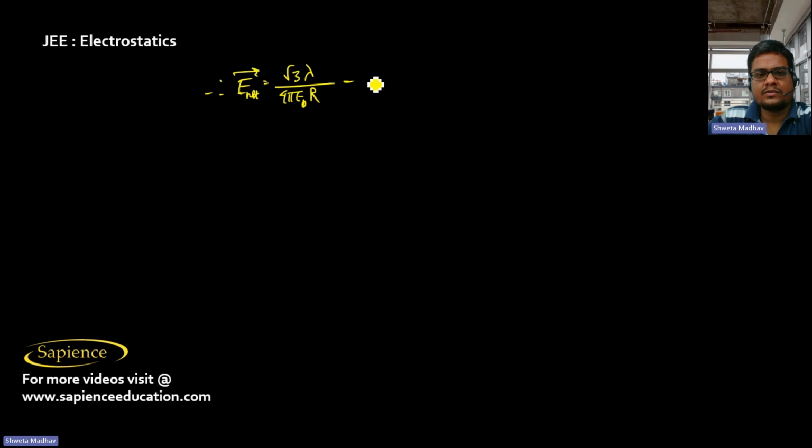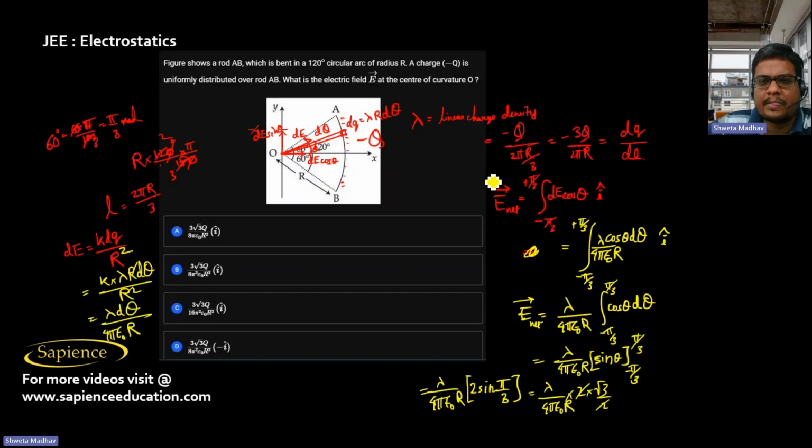Lambda by 4 pi epsilon naught r, which is root 3 by 4 pi epsilon naught r into lambda. Lambda, that is 3q by 2 pi r.